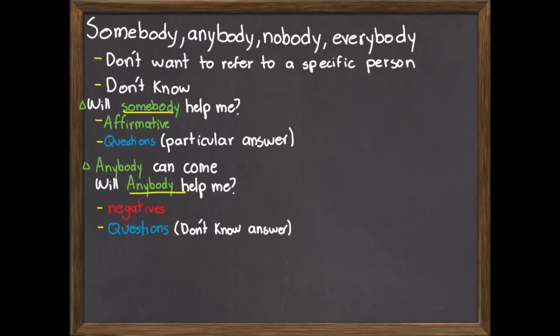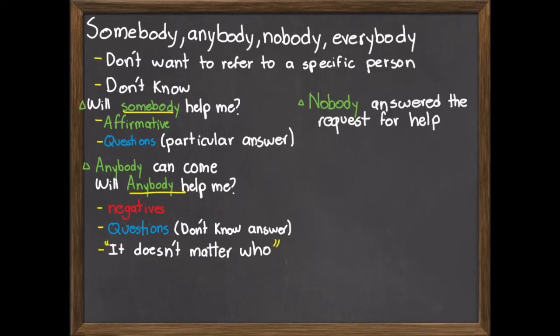Like this one. Will anybody help me? We don't know the answer in this case. And it also means it doesn't matter who. For example, in this case, anybody can come. It doesn't matter who comes.